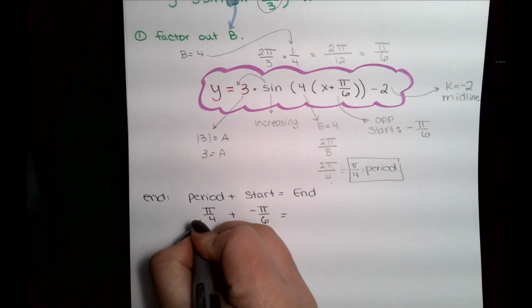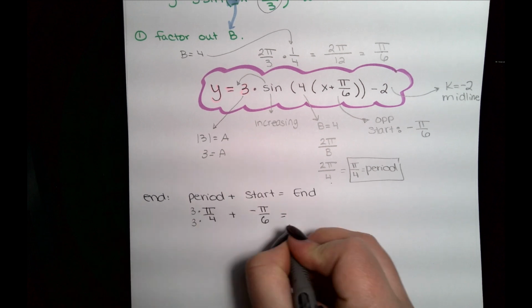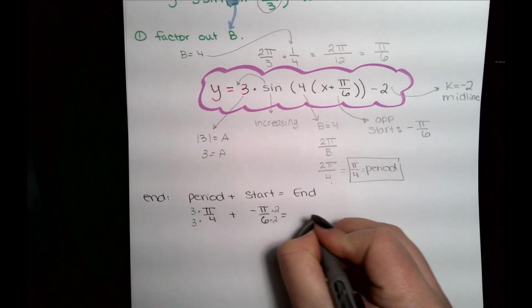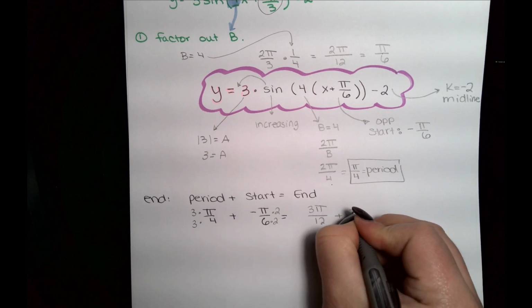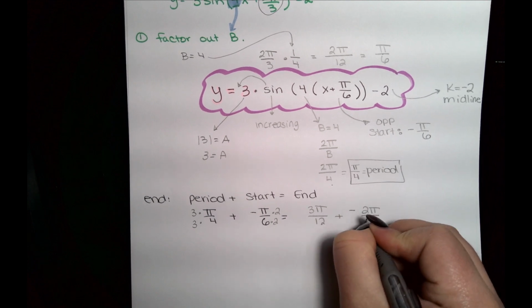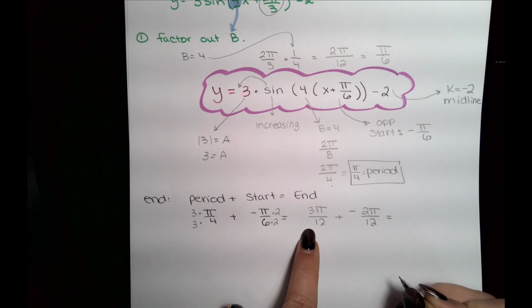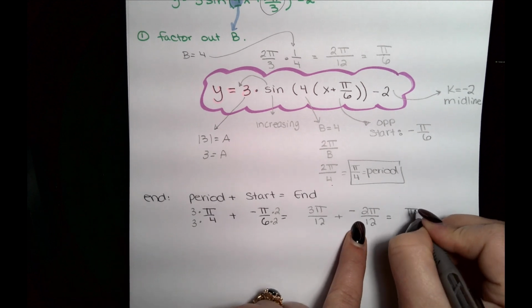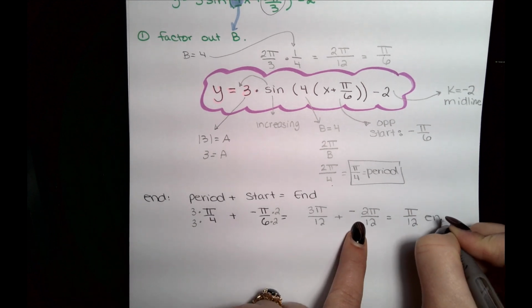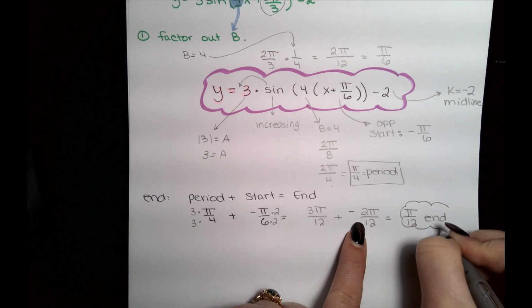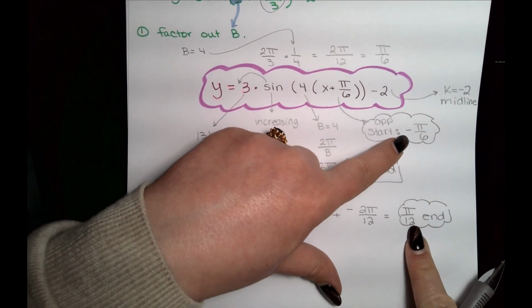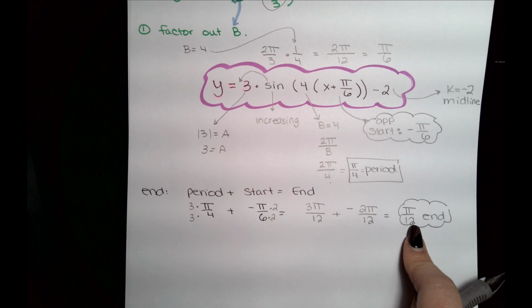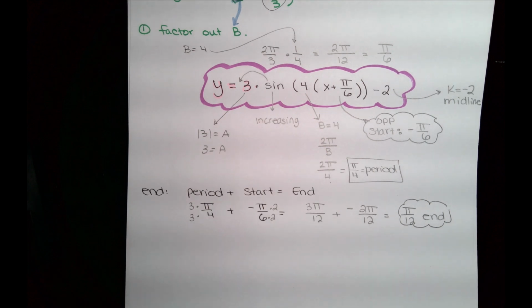So I'm going to multiply here by 3, here by 2, to get a common denominator of 12. So that means 3 minus 2 is 1 pi 12th. This is our end. Here's our start. Here's our end. Immediately I'm noticing these are not the same denominator, so I will know at the very last step before actually graphing, I will create common denominators.